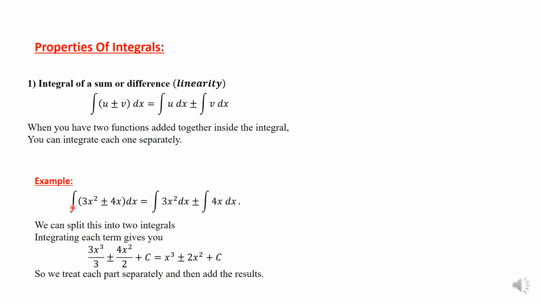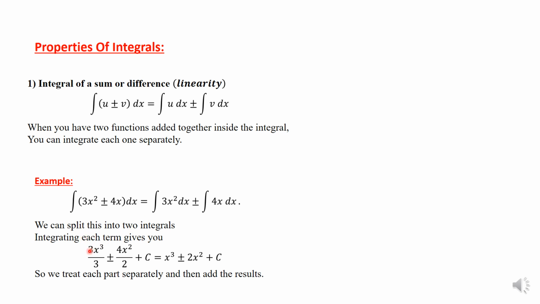Example, integral of 3x squared plus or minus 4x dx. Plus or minus means it works in both cases. If the functions are added or subtracted, it will be equal to the integral of 3x squared alone plus or minus the integral of 4x dx. We can split these two integrals and integrate each term alone.